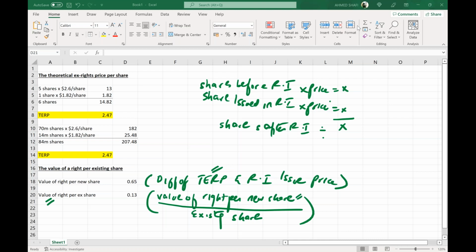Nabil and Sana, you are asking the formula of value of right per existing share. It's clearly written right next to 0.13.